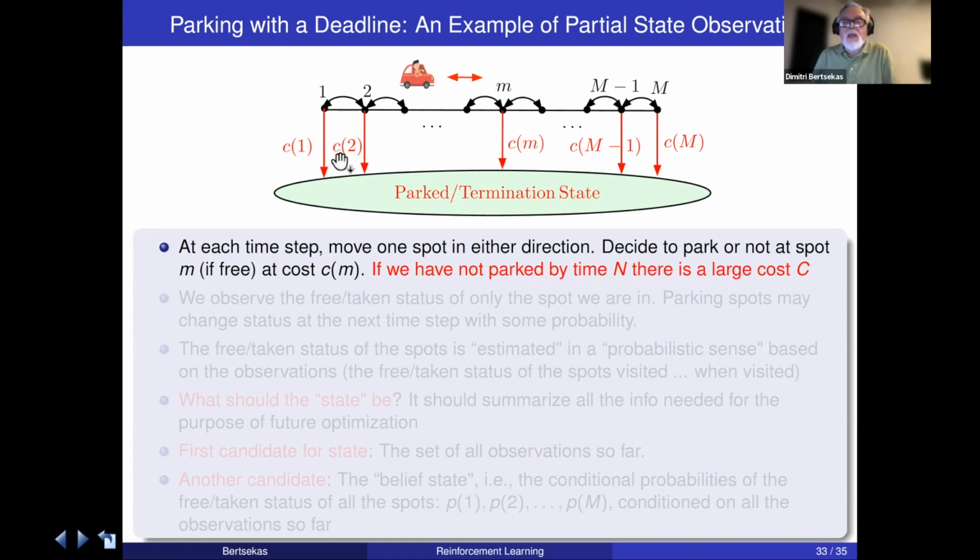There's a cost for parking at each position. C1 is the cost for parking at position 1, C2, and so on. And then once we park, we reach a termination state, but we don't know when this is going to happen.